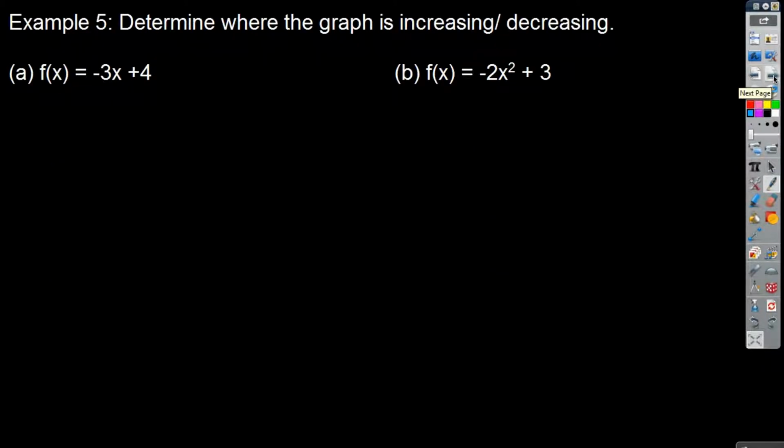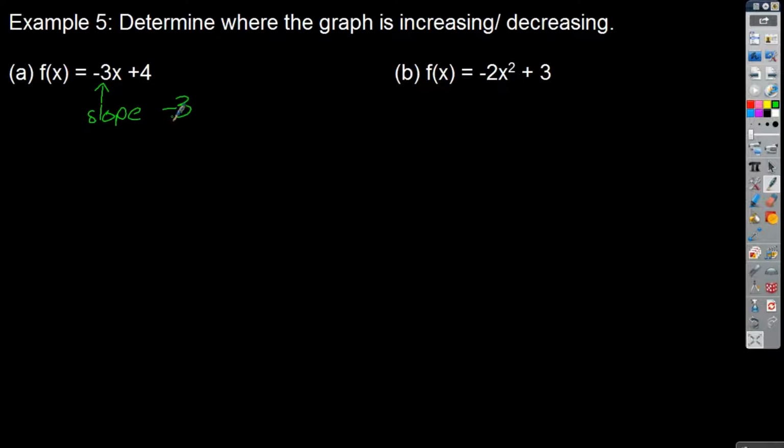Example 5, I'm just going to do 2 quick examples of finding when a graph is increasing or decreasing. I started with a fairly easy problem. I would hope that most of us know that f of x equals negative 3x plus 4 is decreasing everywhere because it has a slope of negative 3.